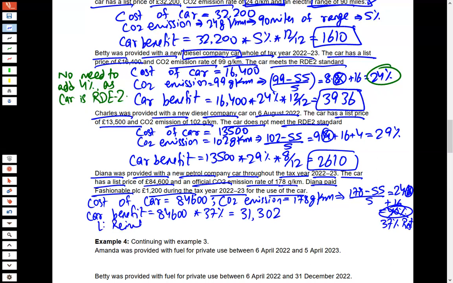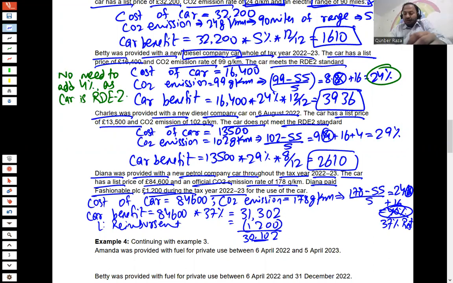Less reimbursement, so the reimbursement is the amount 1200. As a result, the net benefit is 30102. So I hope the changes in the car benefit calculation are pretty clear. So no major queries in that.